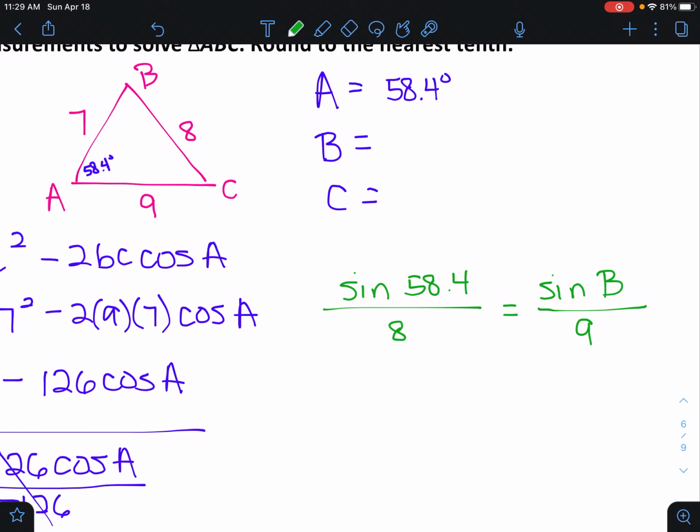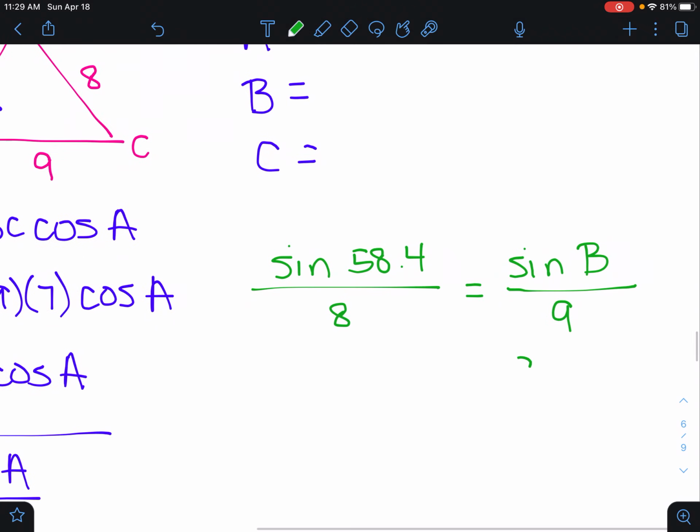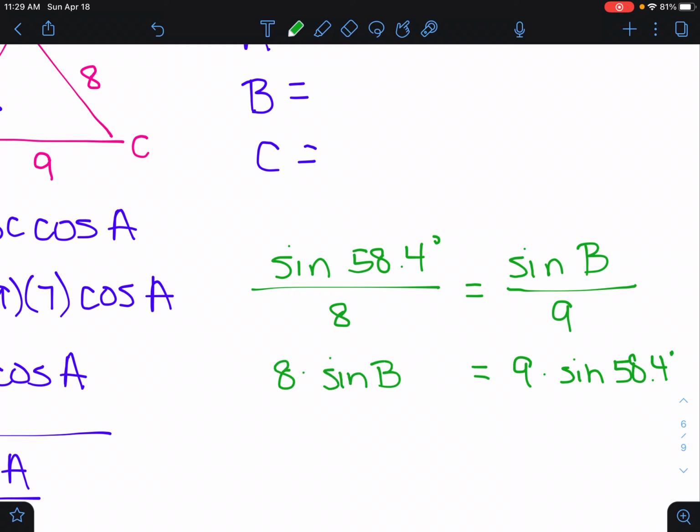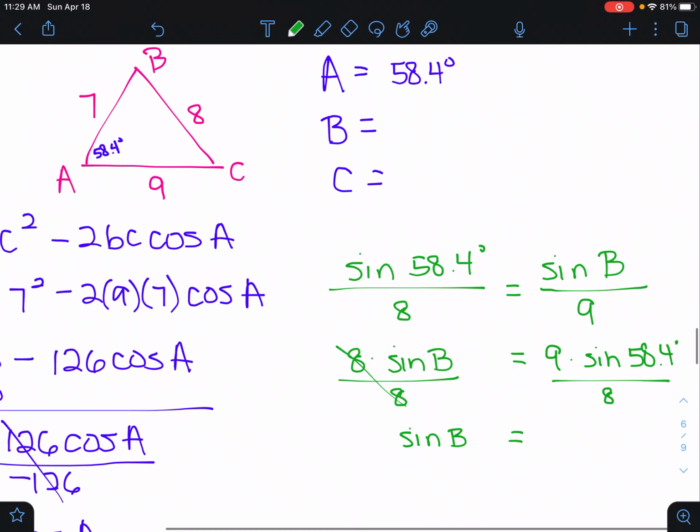Okay, cross multiply. We're going to get 9 times sine of 58.4 degrees equals 8 times sine of B. All right, now I'm going to solve for B. So step 1 is to get rid of that 8. Now I'm going to type this into my calculator.